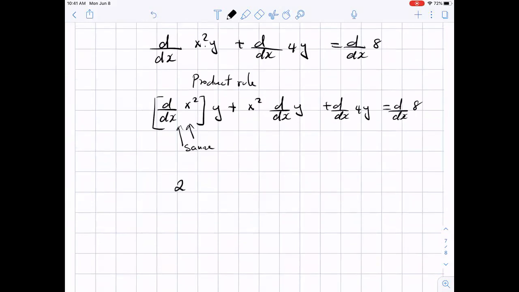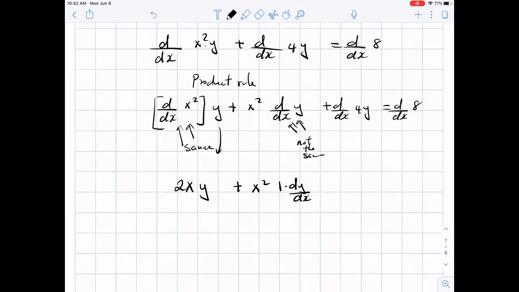So this becomes 2x. And don't forget, we keep our y. Okay? Then x squared stays. The variables here are not the same. So we end up with the derivative of y, which is just 1 times dy/dx.